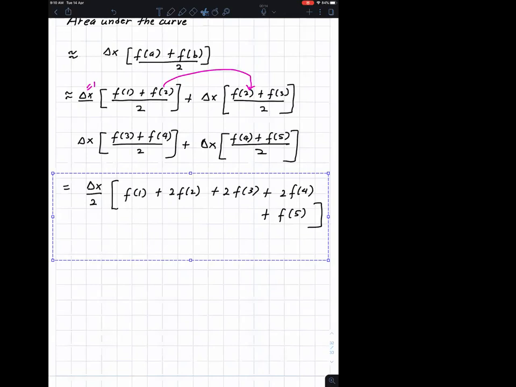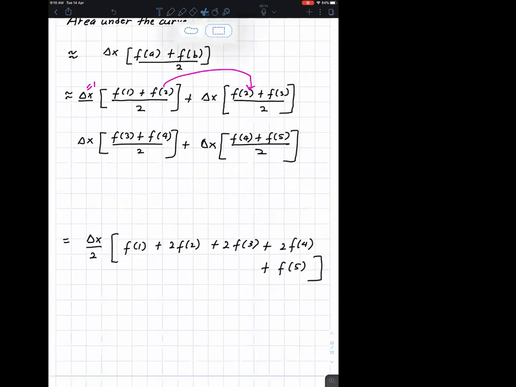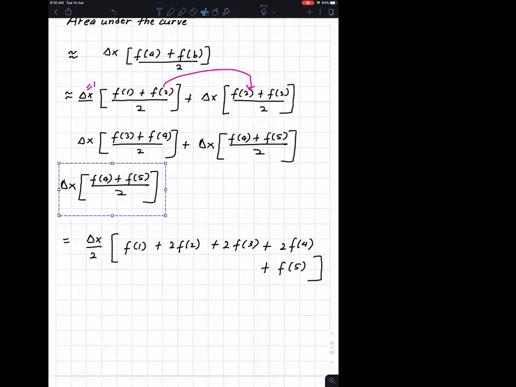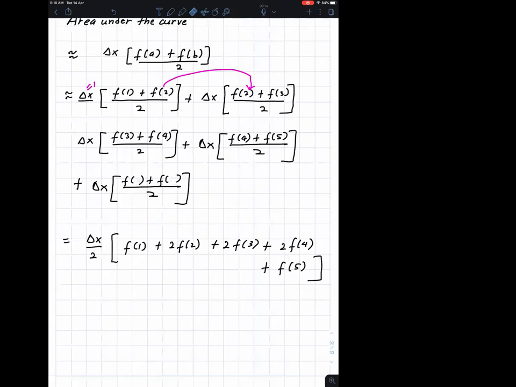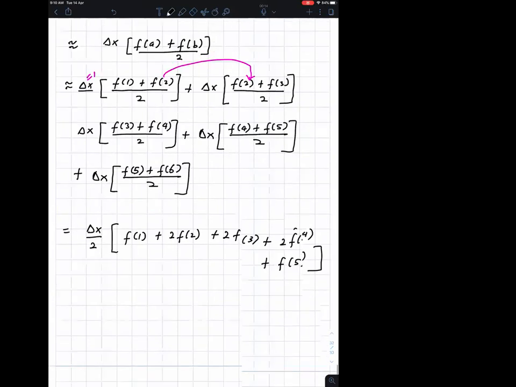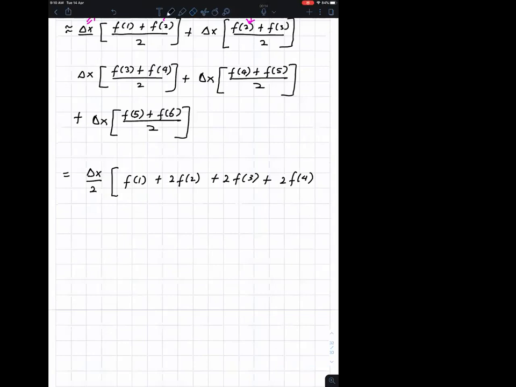Why didn't you tell me earlier? Now I just realized something's wrong. Thank you. I thought I wanted to finish earlier and have breakfast, but that's why I overlooked it. I got emotional. I'm sure you guys are too, right? Want to finish early and have breakfast. Plus 2f5 plus f6.